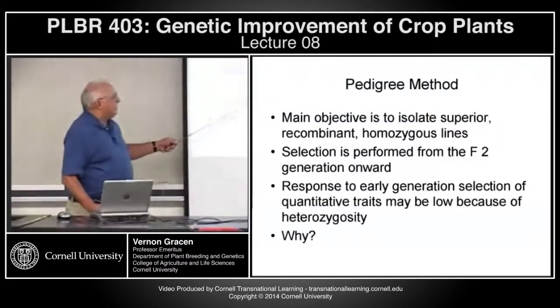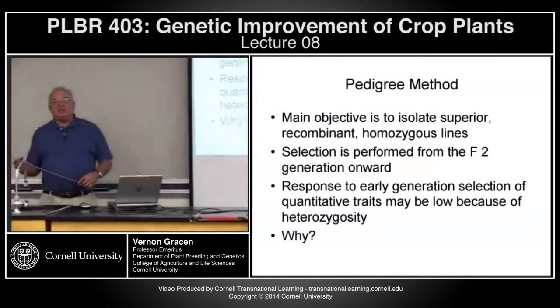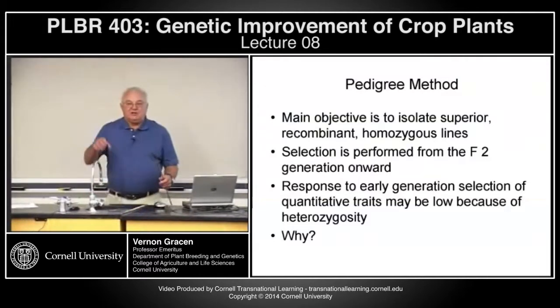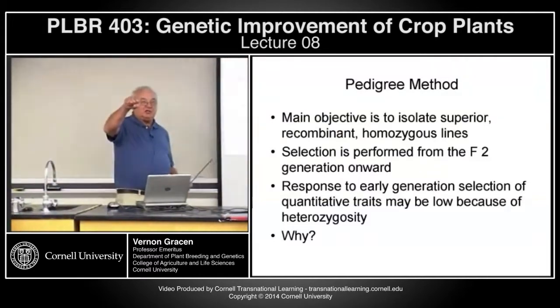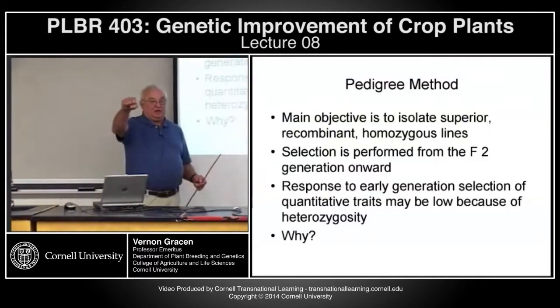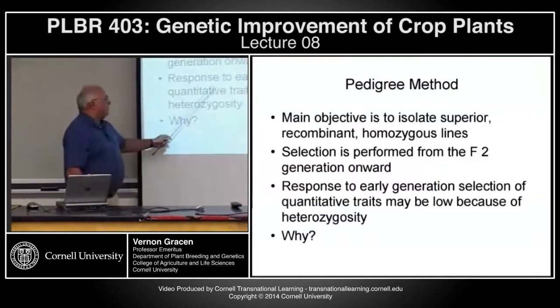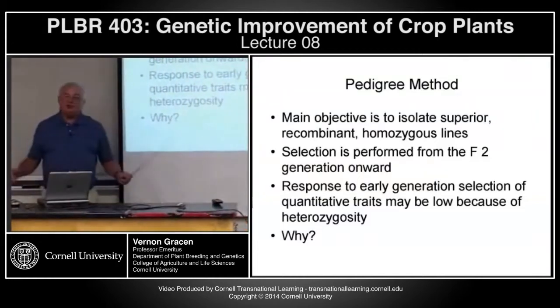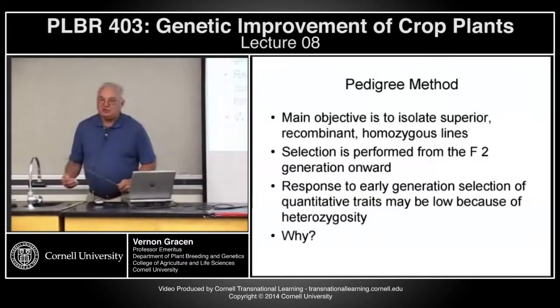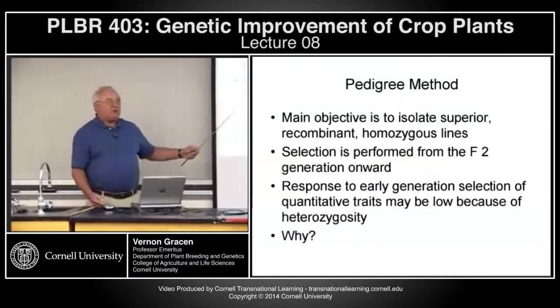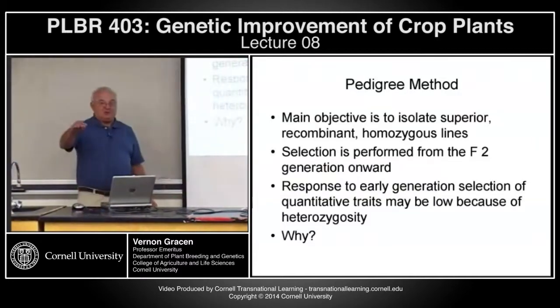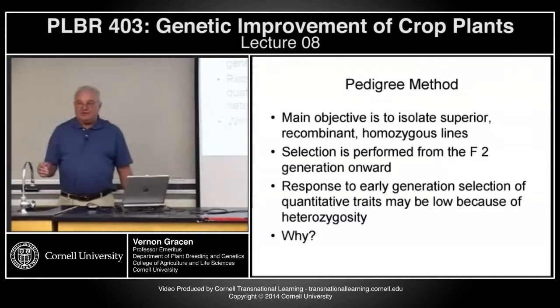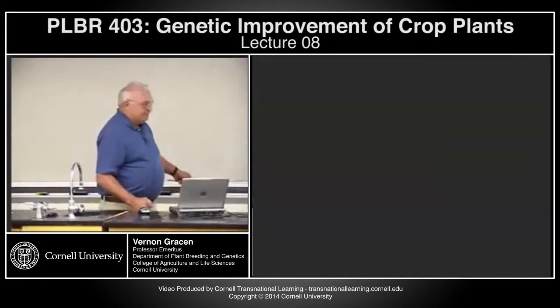Because if you've got heterozygosity with dominant genes involved, you've got a bunch of undesirable recessive alleles that are hidden. And if you select a lot of plants with a lot of heterozygous loci, well, in the next generation, a quarter of the progeny from that plant are going to be homozygous recessive and not going to look very good. All right?